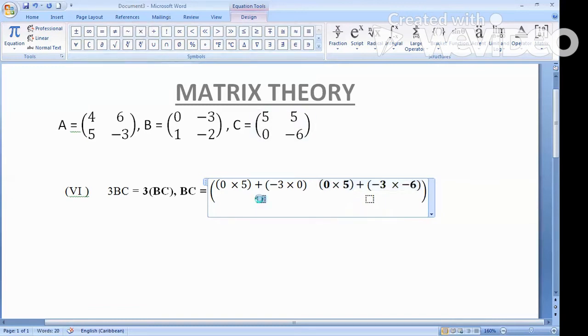Then I have 1 times 5 plus negative 2 times 0.